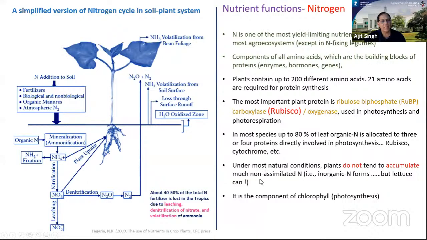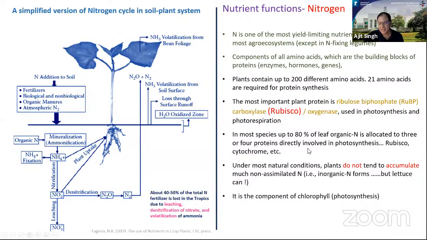Plants do not accumulate inorganic nitrogen. It's always assimilated. That is, it has to be converted. The nitrate and the ammonia that is taken up by plants has to be assimilated. It has to be converted into proteins and amino acids. So it doesn't actually store nitrate or ammonia.